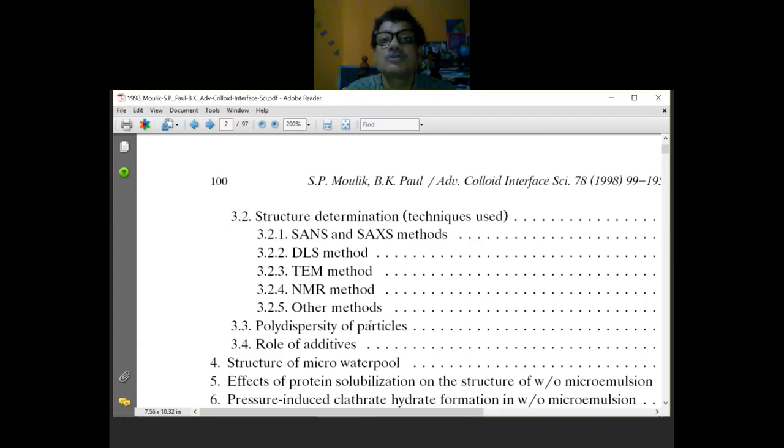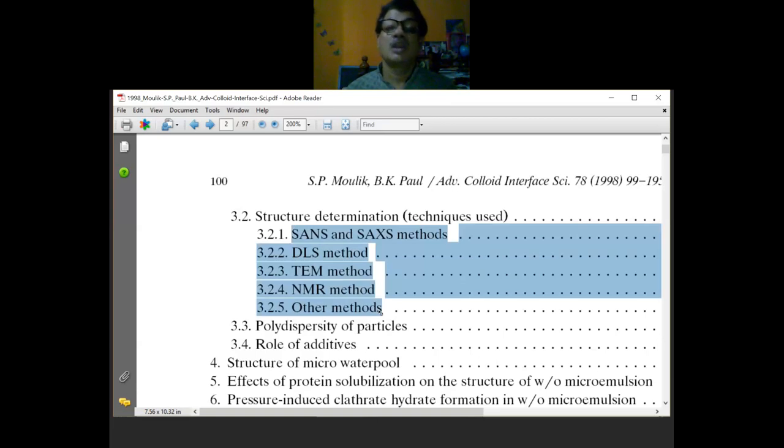Again, type 1 is oil in water, type 2 is water in oil, type 3 is bicontinuous, and type 4 is both of them, water in oil and oil in water staying together. Then we discussed the characterization of the microemulsion structure by small angle neutron scattering, dynamic light scattering, electron microscopy, NMR or other techniques.